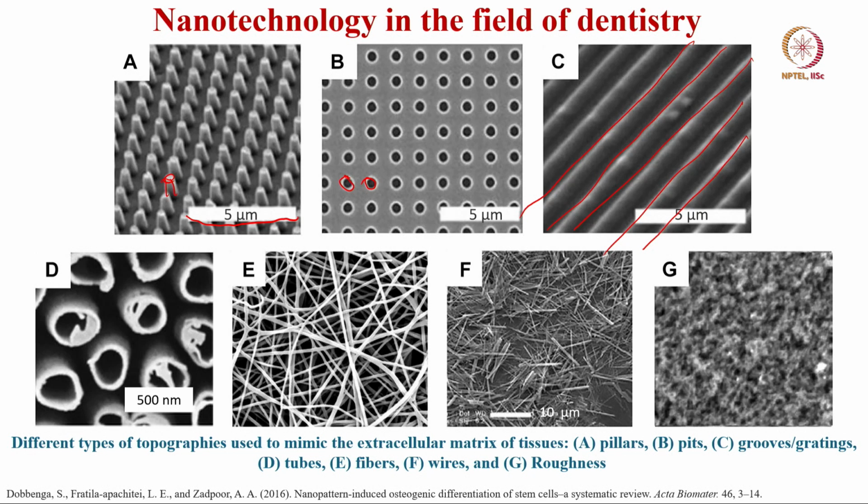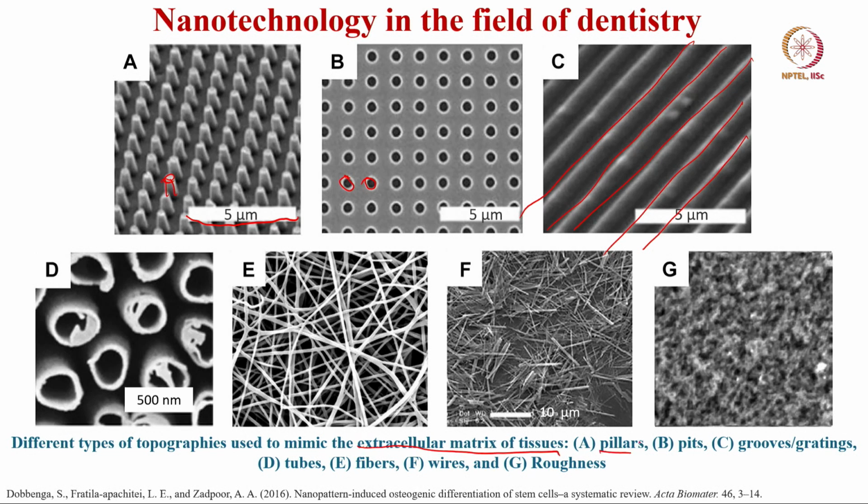All those things can be done using the manufacturing tools people use in the field of nanotechnology. However, I am not aware that this kind of nanotopography is used to a great extent in the clinically used implants.